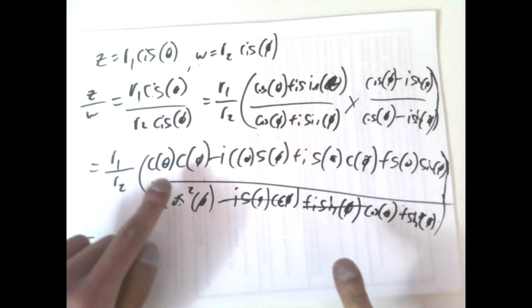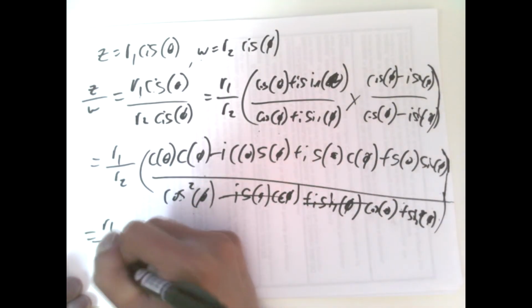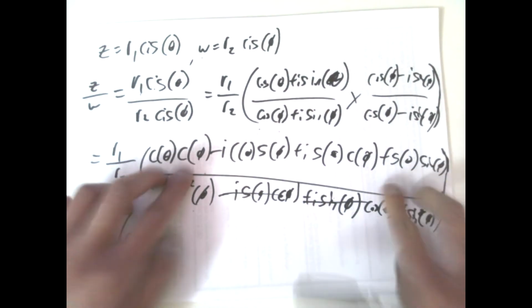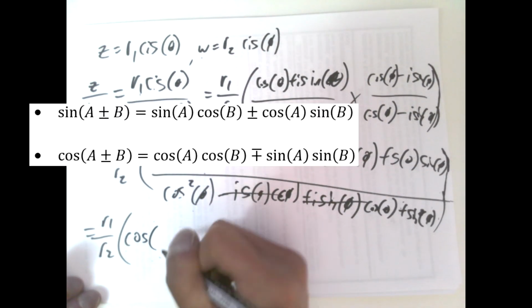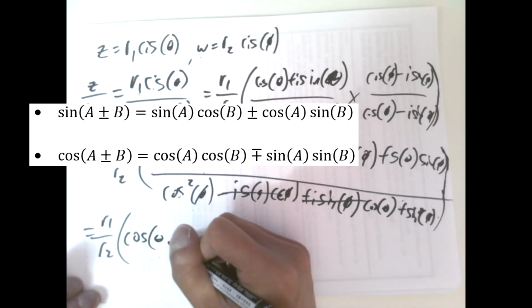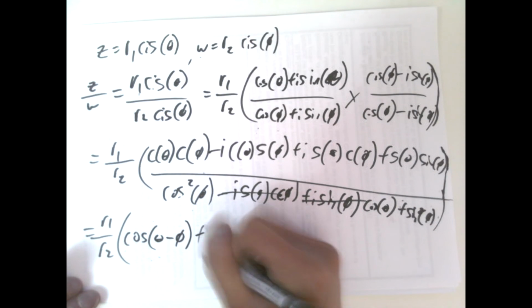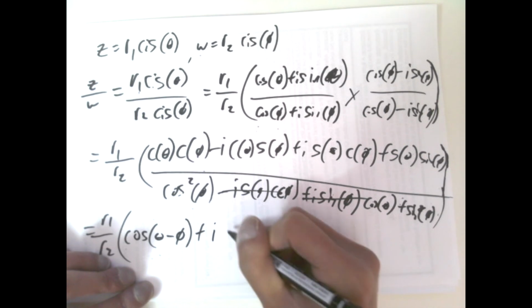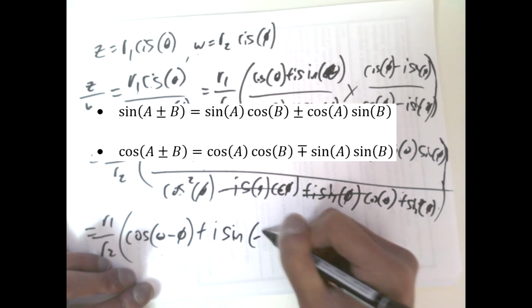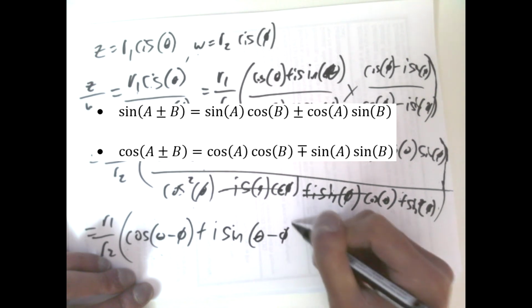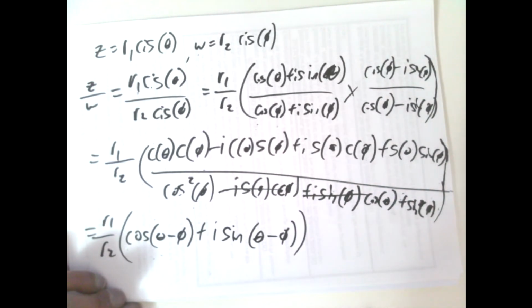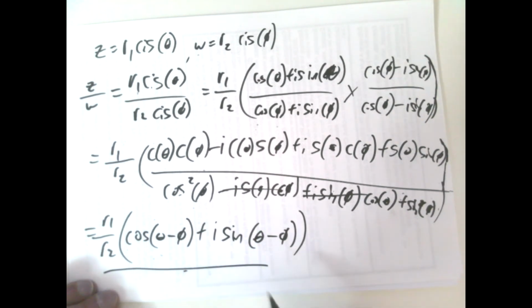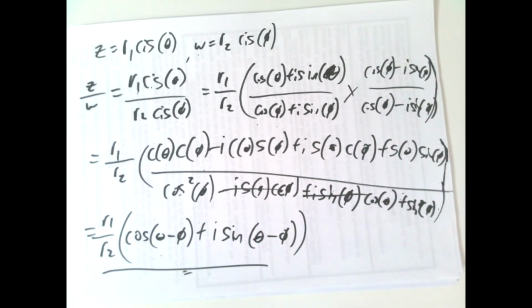And upstairs we get the real parts, which give the cosine subtraction identity, cos of theta minus phi. The imaginary parts give the sine subtraction formula. There, over here we got both the multiplication and the division of complex numbers expressed in trigonometric form.